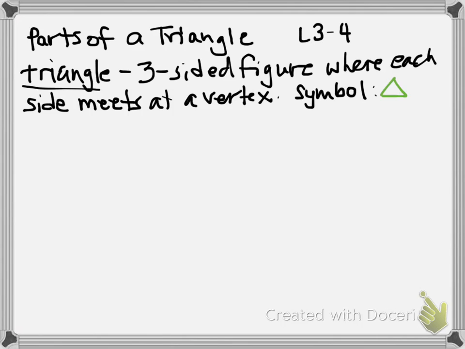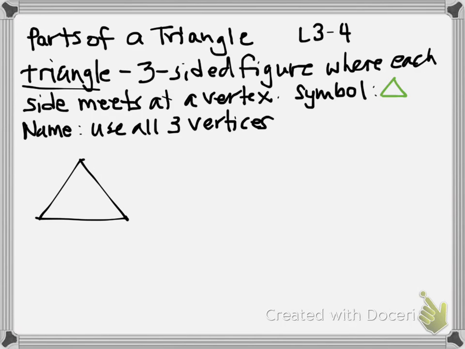Okay? And we're going to name, and you're going to use all 3 vertices. So if I have this triangle, we'll call them XYZ. If I was going to name this triangle, I would say triangle XYZ. I could say triangle YZX.